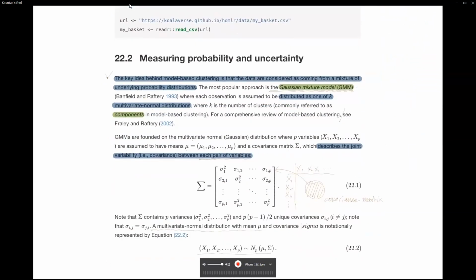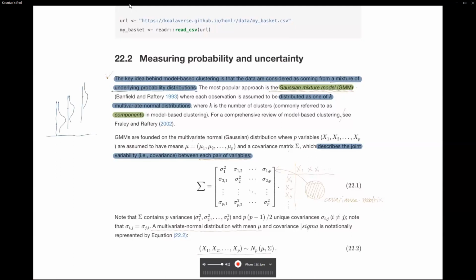Now let's talk about this model a little bit deeper, okay? A GMM, a model-based clustering, assumes all of this data is coming from a mixture of underlying probability distributions. What does this mean? Whenever we have some outcome like this, these outcomes belong to some distributional curve like this.